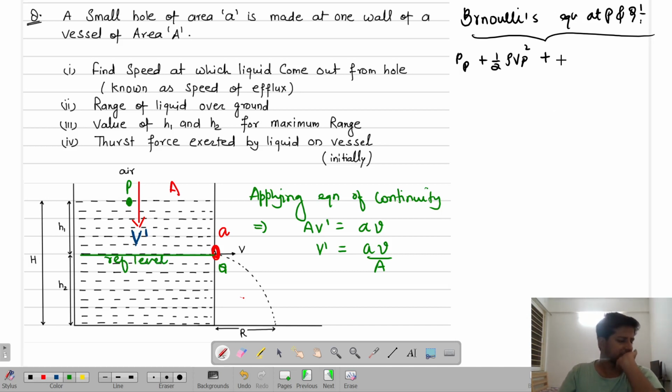You can consider the bottom one also, but that's of no use actually, isn't it? Basically these heights are different, h1 and h2. So it will be left with two variables once again.